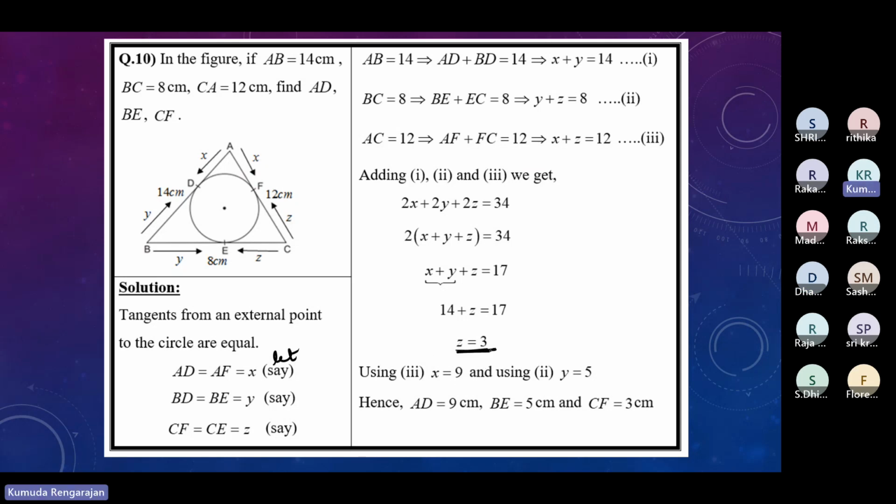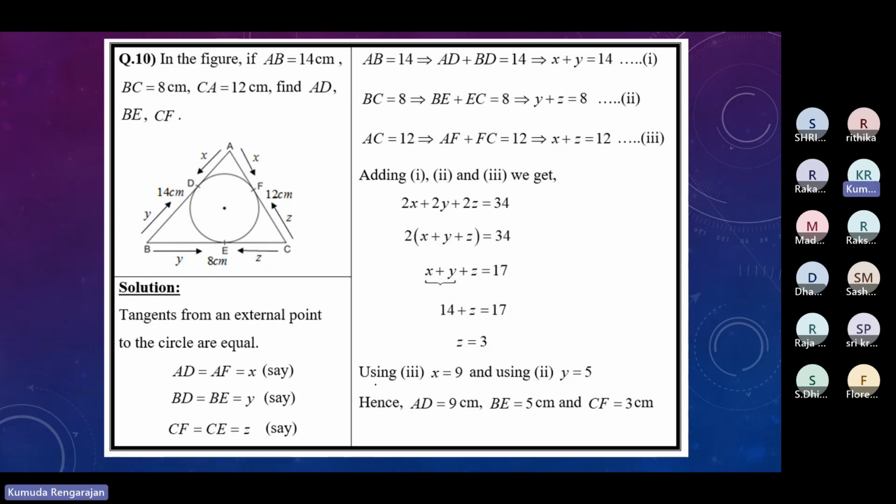So after getting Z is 3, you can substitute the value of Z here. Z is 3. So when you use it in equation 3, you get X is equal to 12 minus 3, 9. And similarly, when you use Z is equal to 3 in equation 2, you get Y is equal to 5.